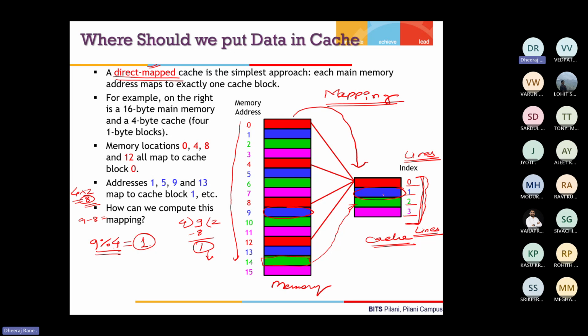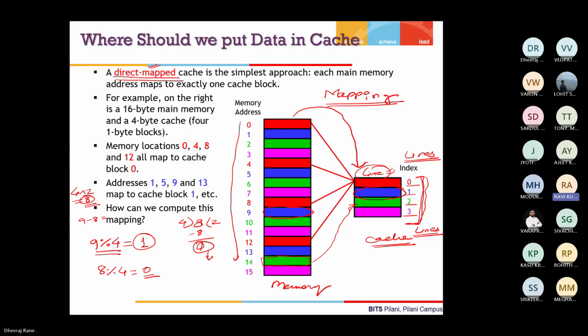In the same way, suppose 8 is there: 8 modulus 4 will be 0 because nothing will remain, 8 minus 8 is 0. So it will be put into the 0th index or the 0th line.